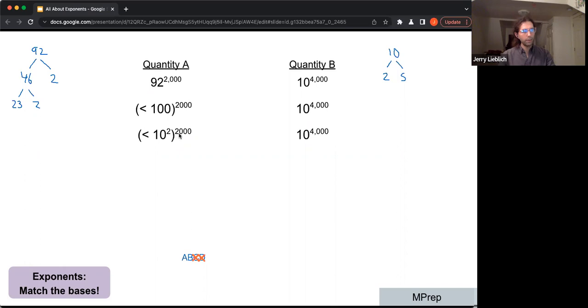Now I can do power raised to a power. Aha. So I've got a number that's less than 10 to the 4,000 versus 10 to the 4,000. We know which one is bigger. That's one way of doing the problem. So we round this number so that we're able to compare the bases.